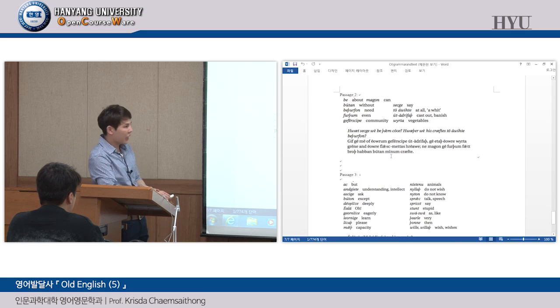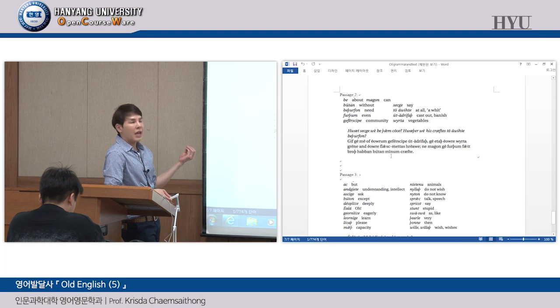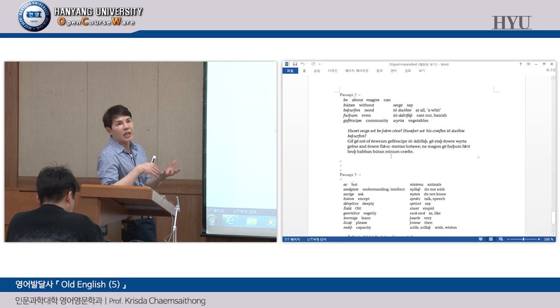"Ne" is not. "Magon" is may. You may not. "Futum" is an adverb: even. You may not even. Fat. What do you think? Fat is fat, right? But in this case, it means rich, meaning very thick, like that. Thick, rich.